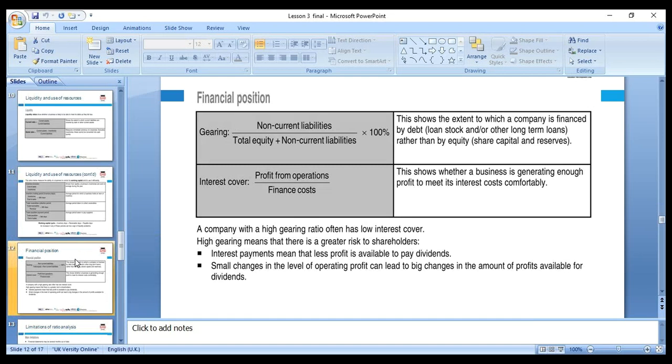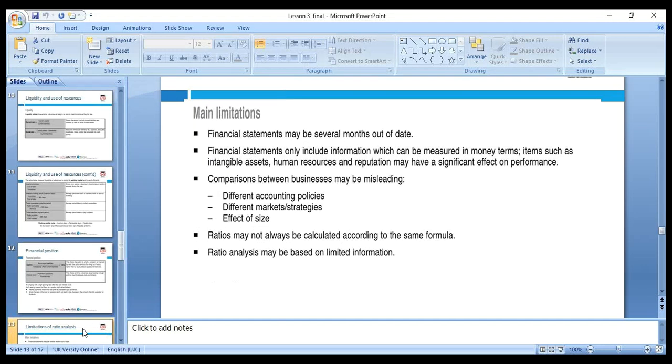And we can look at the financial position of the company. Financial position also includes the gearing ratio, as I mentioned: high gear, high risk for the company. And limitations: of course these ratios are quite good, but we need to consider that they may be based on last year's figures. In the UK, Brexit and a lot of other incidents happened in the world, and those incidents have a huge impact. So we need to look at the micro and macro environment.